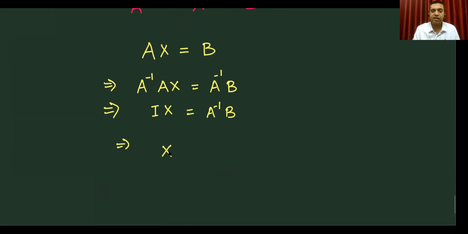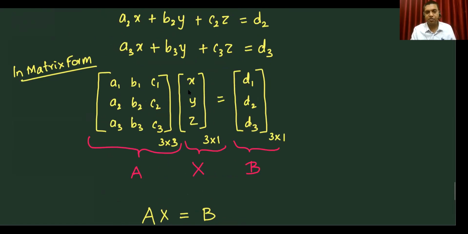Then from here we get X is A inverse B, since I into X will be X. So we get X as A inverse B. Straight away you will get solutions for x, y, z.